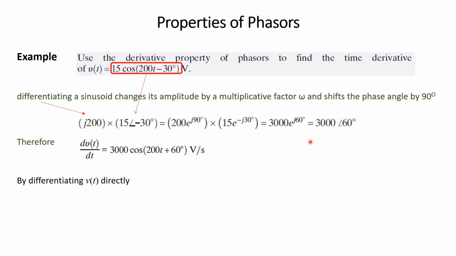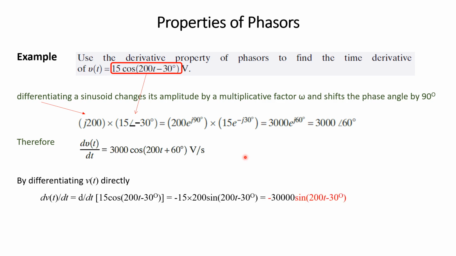Now we can say that dV by dt is equal to this, and by differentiating it directly, I have shown in each step how we proceed.